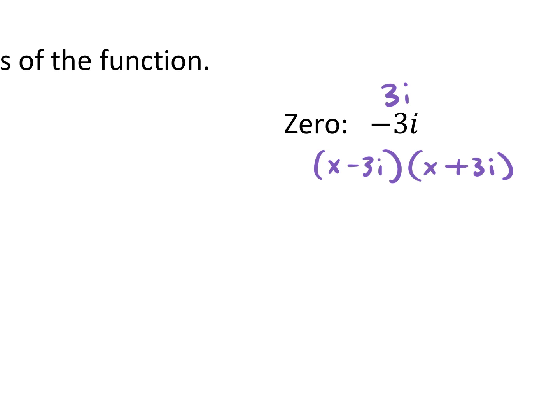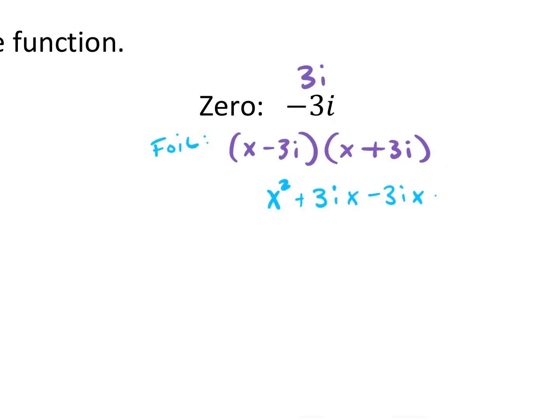From here, we want to FOIL. So we are working backwards. So x times x would be x squared. Then x times 3i would be 3ix, minus 3ix, minus 9i squared.